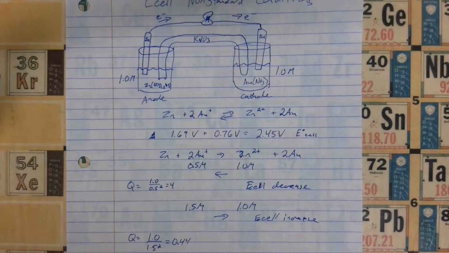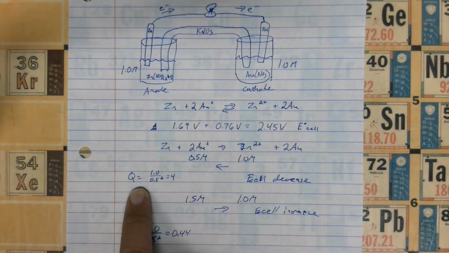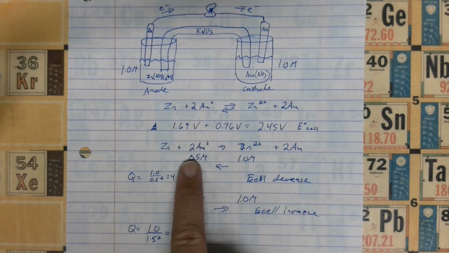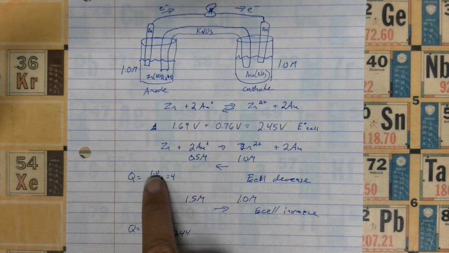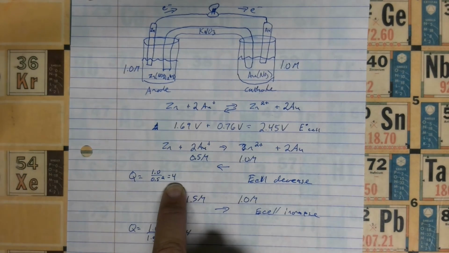But since this is not an equilibrium, we can't use that. So what we have to do is use Q. Okay, so we set up a Q expression, reaction quotient expression, with our product over our reactant. So it's 1.0 over 0.5 squared, which will give me 4.